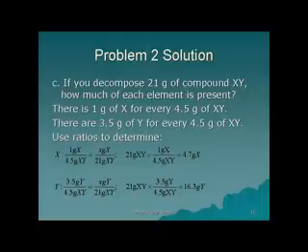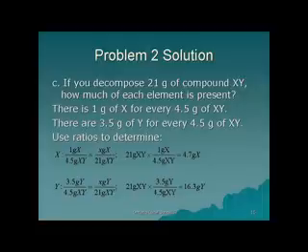The reason I know that is there's 1 gram of X for every 3.5 grams of Y, so the total relative mass of the compound XY has to be 4.5 grams. So there's 1 gram of X for every 4.5 grams of XY. It also means there are 3.5 grams of Y for every 4.5 grams of XY, using the same logic we did earlier. We're going to use ratios to determine how much there is.